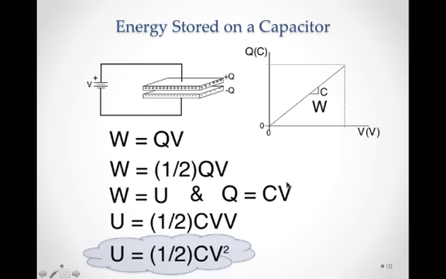If we plug CV in for Q, then the potential energy stored on a capacitor when it's charged to a particular potential difference is equal to 1/2 CV squared. That's an important equation to know, because one thing that capacitors do is store energy.